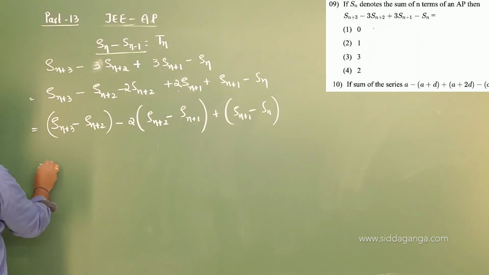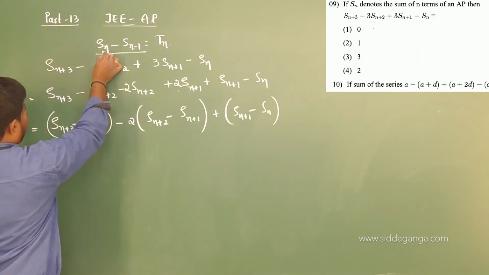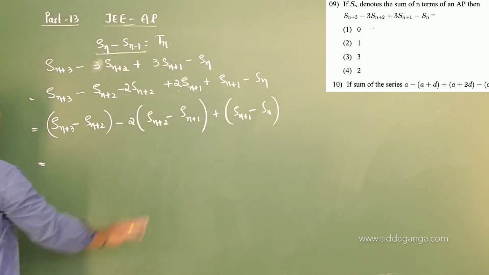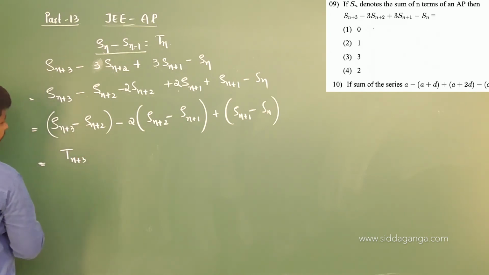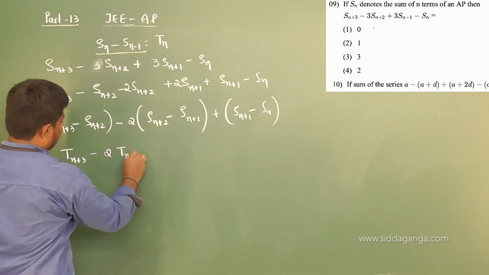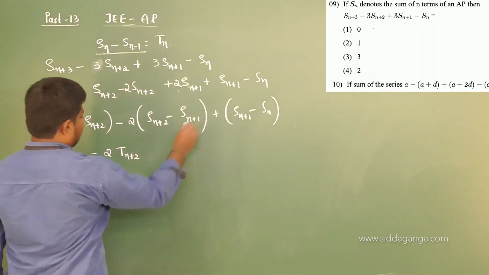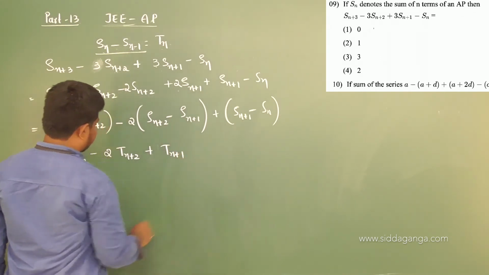So this gives the nth term. The nth term is what? Sn. If we have Sn minus 1, so Sn, you mean Tn becomes the nth term. So here Tn+3 minus 2 times T(n+2) plus T(n+1).